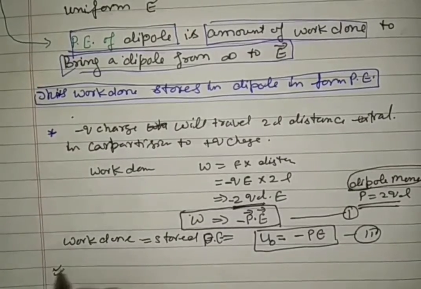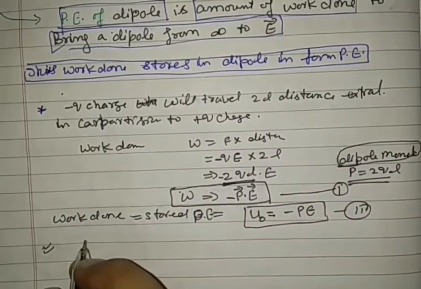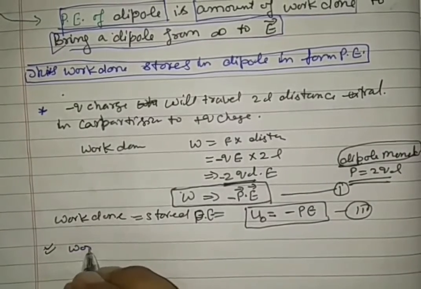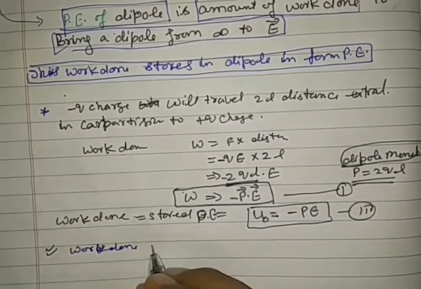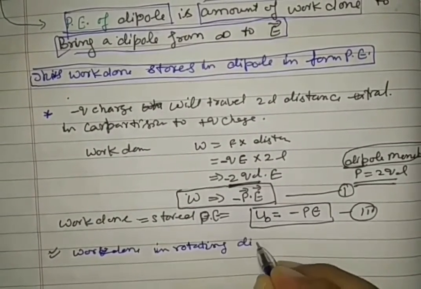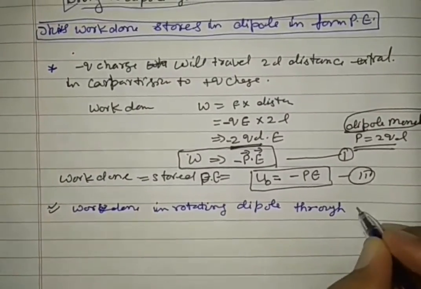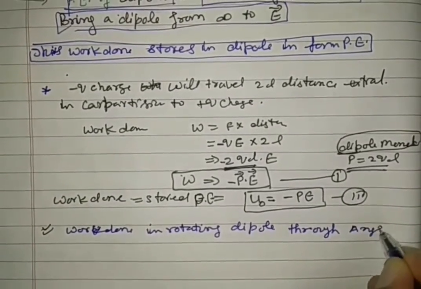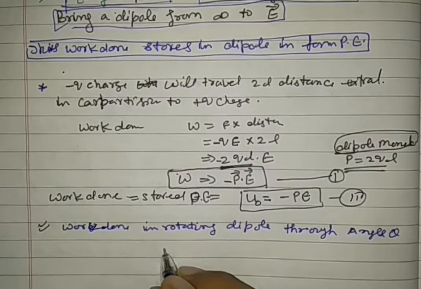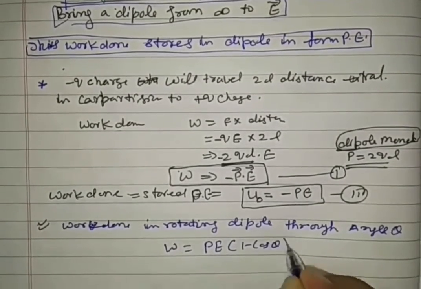We have just defined the work done in rotating a dipole through angle theta: W is equal to pE(1 minus cos theta).